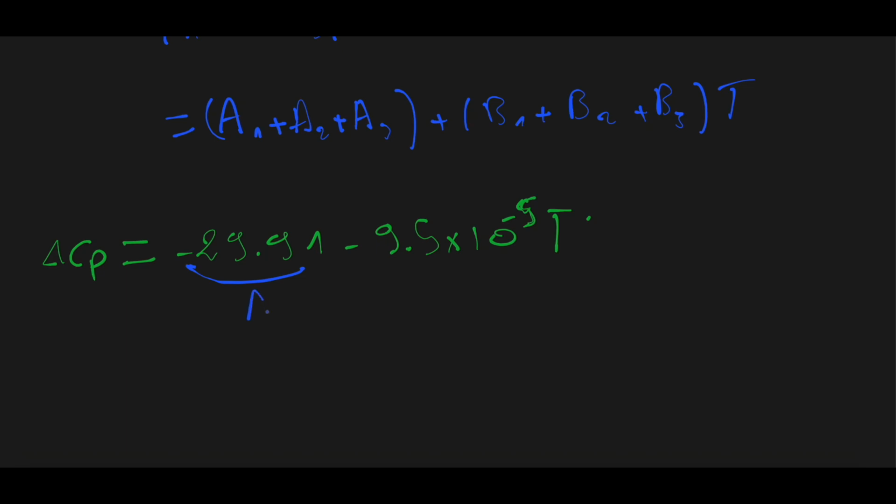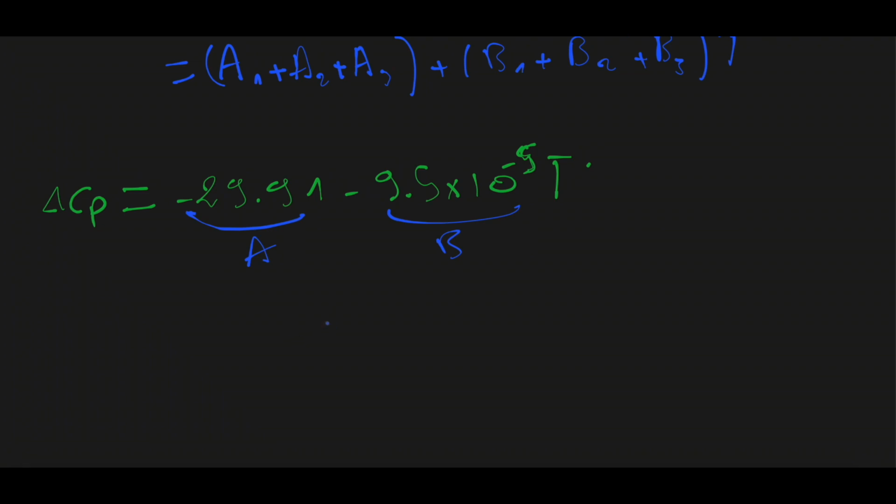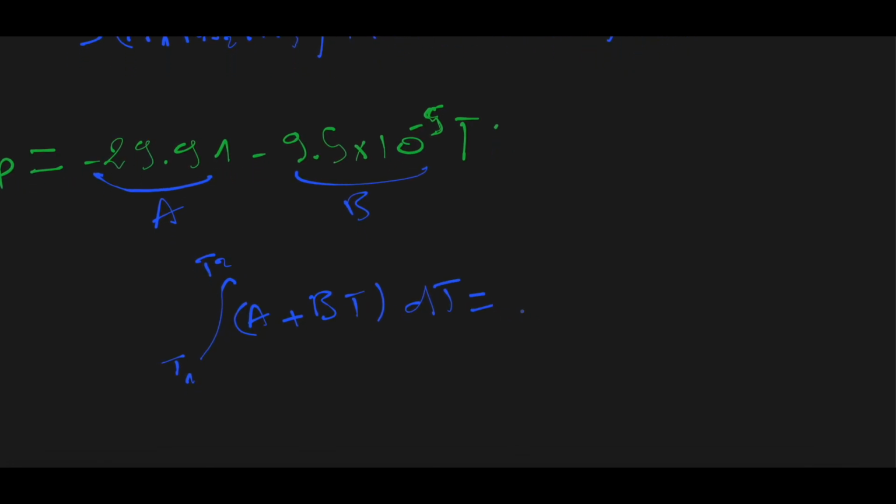We have here A and B. So the integral of this equation between T1 and T2, A plus BT dT, is equal to AT plus 1/2 BT squared between T1 and T2.